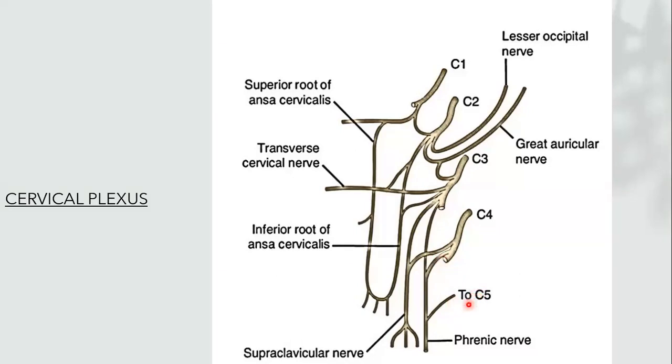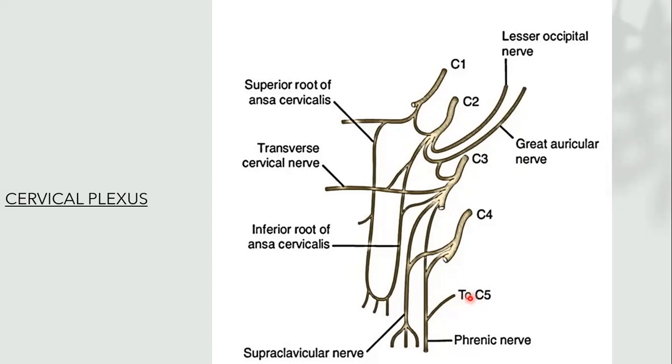Okay, so these fibers from C5 actually might not directly come from the ventral rami. At times these fibers enter the superior trunk of the brachial plexus. Remember, the brachial plexus starts at C5 all the way to T1.